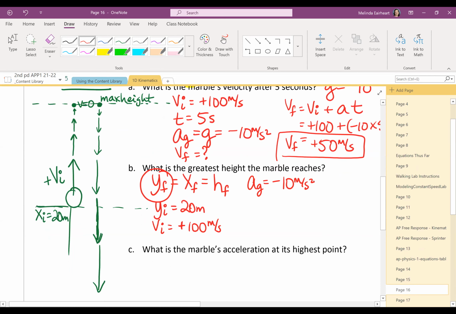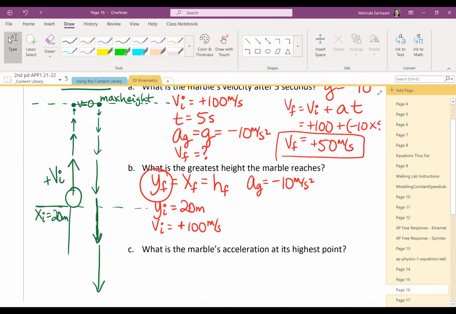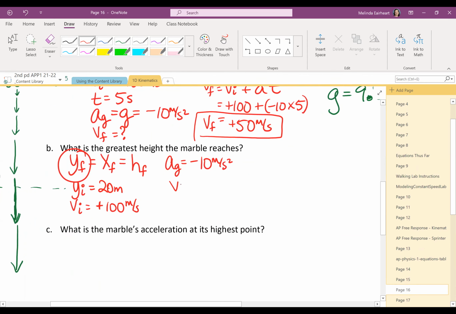I'm going to force us to use which equation? The third. And so VF squared. Don't scoff at the third equation. The only time you need to slow down with the third equation is if you're solving for one of the velocities. Because when you square root, you've got to ask yourself, is it positive or is it negative?